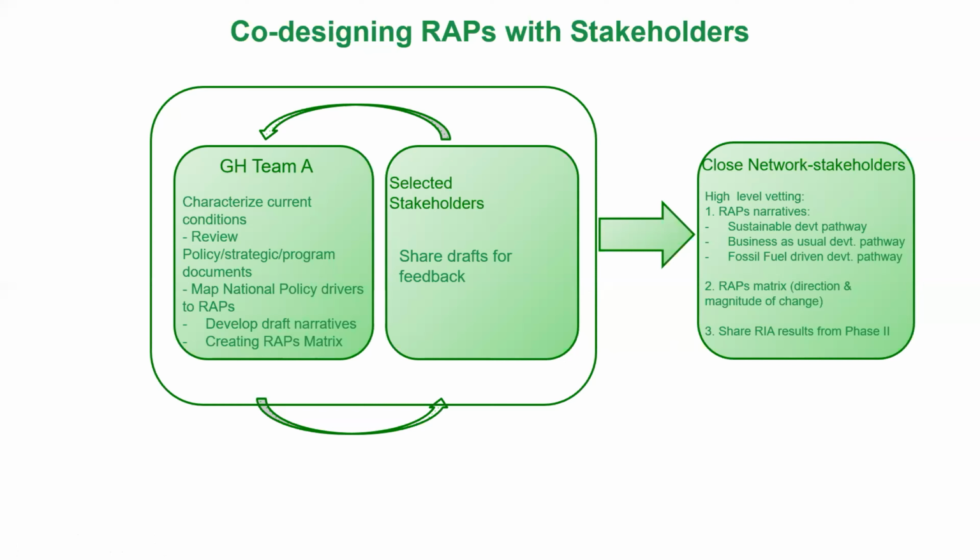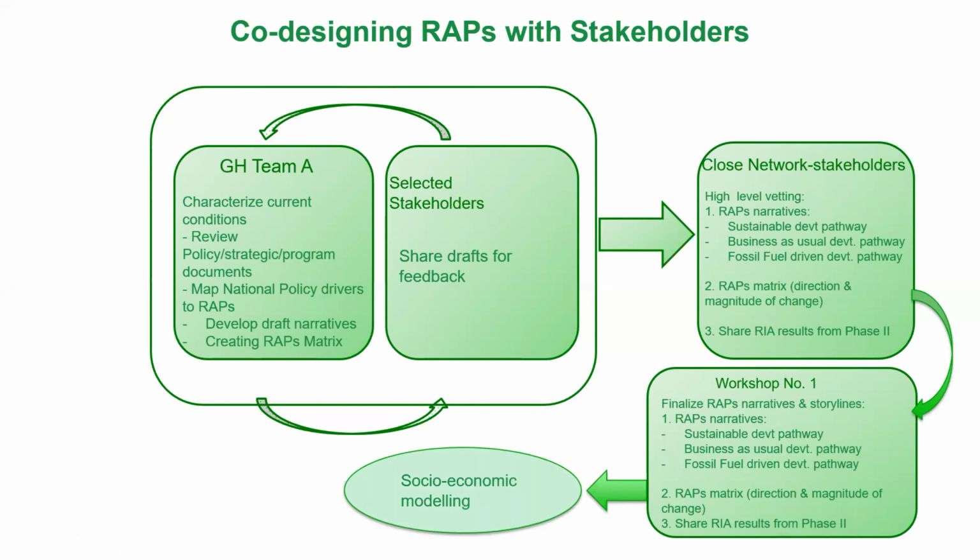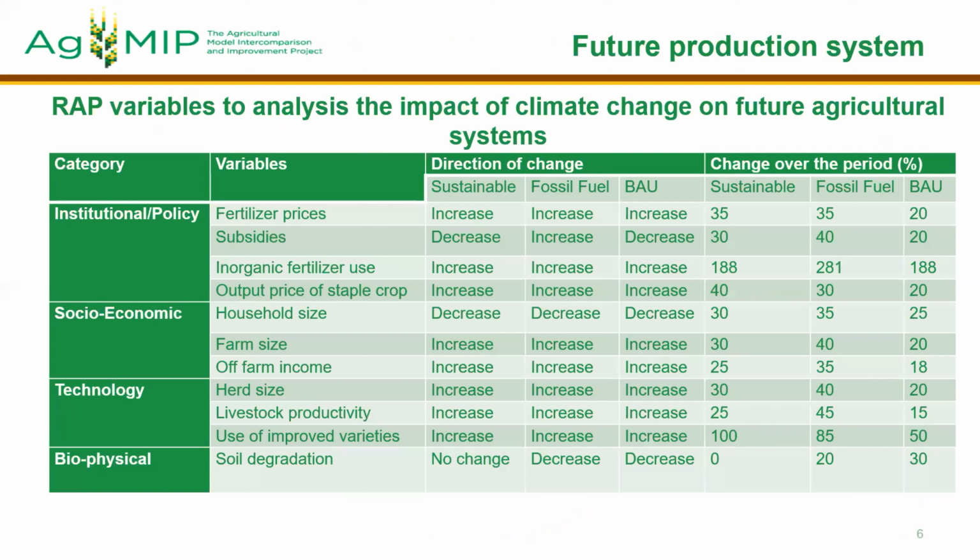There were three RAPs: the Sustainable Development Pathway, the Business as Usual Development Pathway, and the Fossil Forward-Driven Development Pathway. Finally, we went into another workshop where the final products were further reviewed and then fed into our socioeconomic modeling framework for assessments to be made.